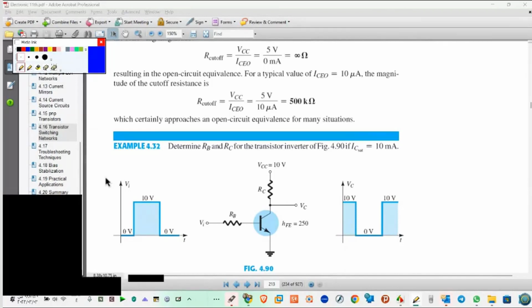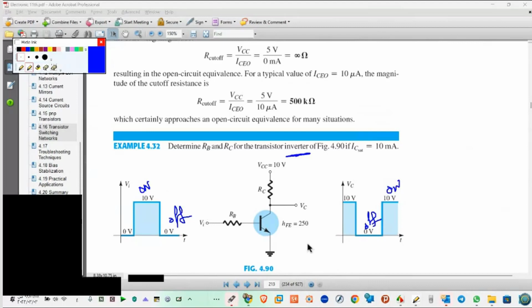If I am going to use the transistor as a switch, it's an inverter. That means flip 0 to 1, 1 to 0. So if it's on, it will be off. Like digital logic: this is on, so this is off. Now this is on. This is called in English an inverter.